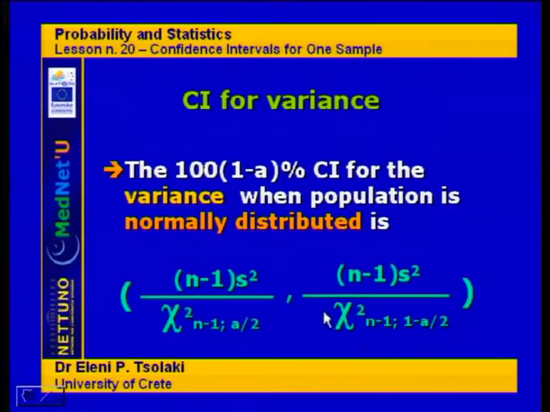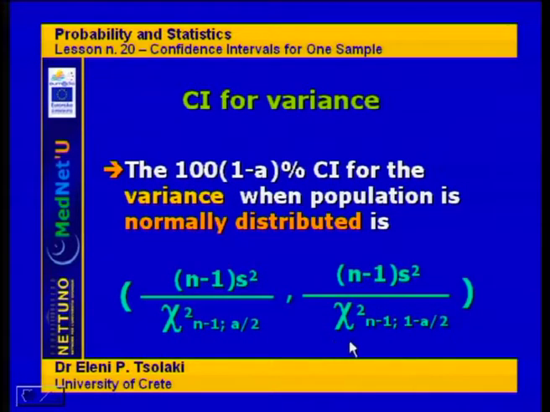We see there is a difference with other distributions. Here we use the chi-square distribution, from the Greek letter chi, and again there are n-1 degrees of freedom.